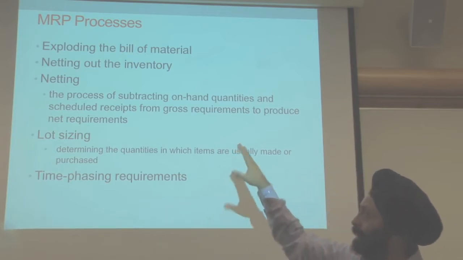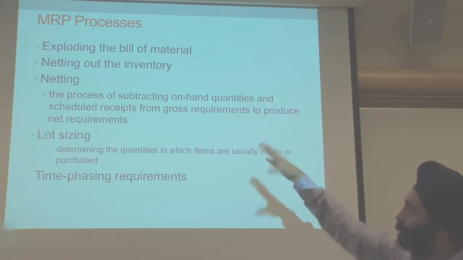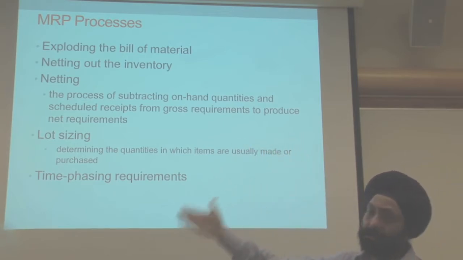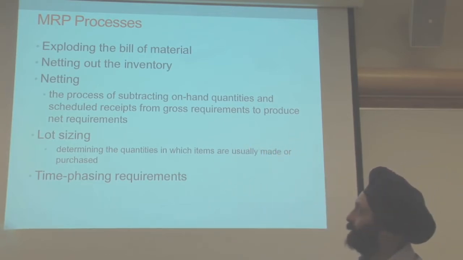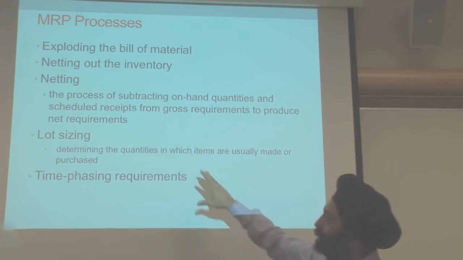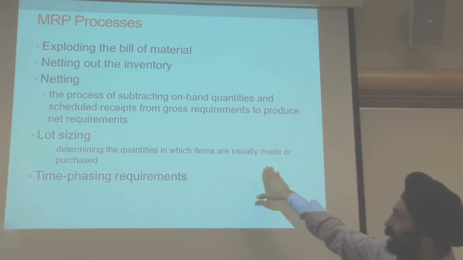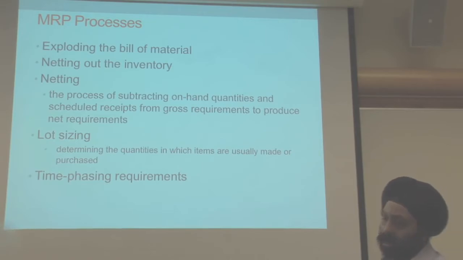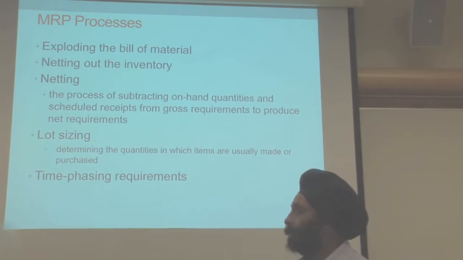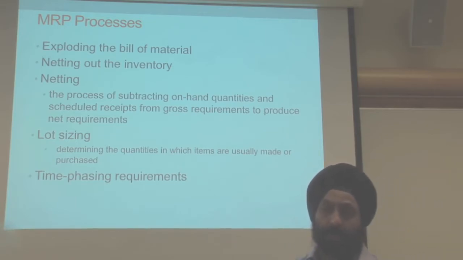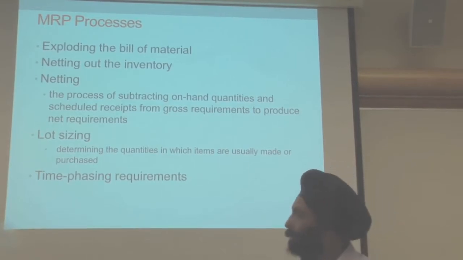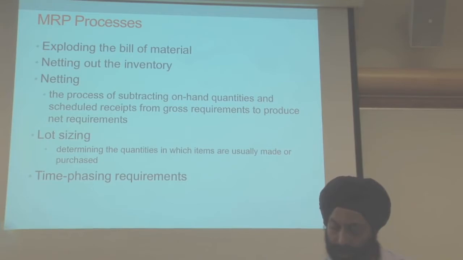And then netting out the inventory, which is a process of subtracting on-hand inventory from scheduled receipts and figuring out the net requirements based on the gross requirements that were already indicated from customer demand. And lot sizing is determining the quantity in which items are usually made. Are we going to make it based on economic order quantity, buy certain units per period, or use some other rule? And time phasing requirements can be listed.